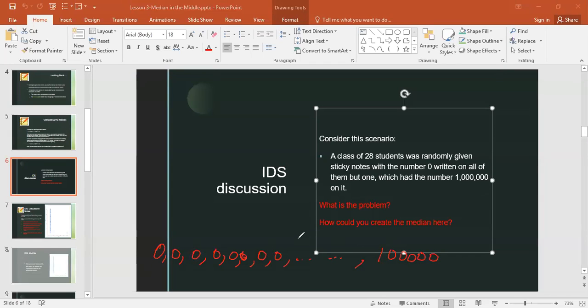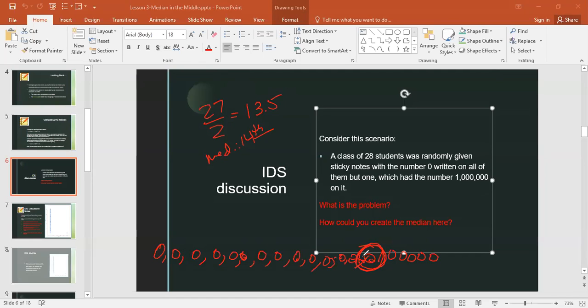And then 27 divided by 2 gets me 13.5. So that means my median is going to be the 14th term. So 0, 0, 0, 0, so on and so on. So 1, 2, 3, 4, 5, 6, 7, 8, 9, 10, 11, 12, 13, 14.